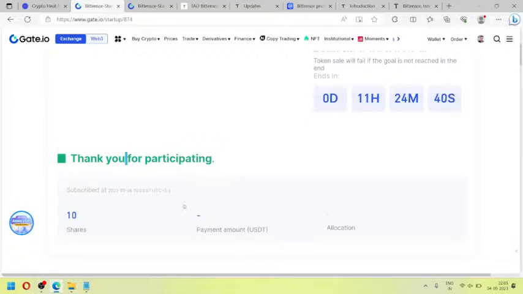For VIP members, all will get airdrops. For VIP members the airdrop rewards are confirmed. Hello UFOU, welcome to the live. Only non-VIP members have to be lucky and selected, and then only they will get the rewards for participation.